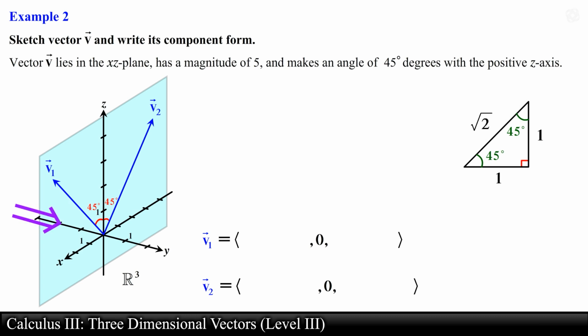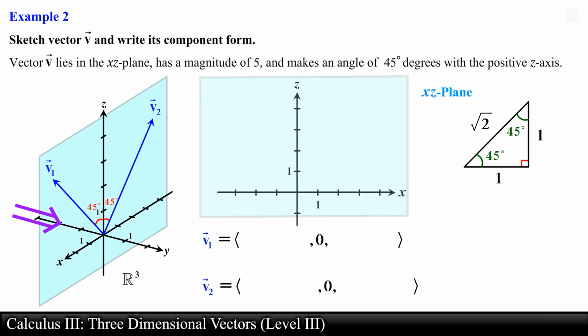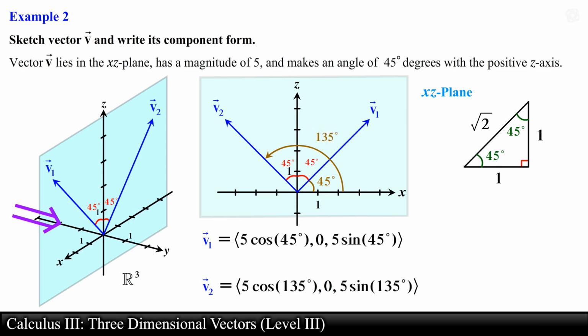If we change our point of view and focus on the xz plane, we would see the following. Now, if we use the standard conventions for measuring angles, the first vector would make an angle of 45 degrees relative to the positive x-axis, and the second vector would make an angle of 135 degrees relative to the x-axis. Using these values for the angle, we can compute the values of each component by using the ratios of a 45-45-90 special triangle and then multiply by the magnitude of the vector.